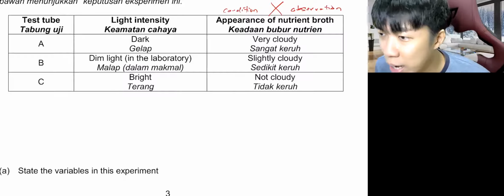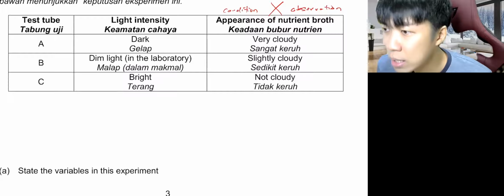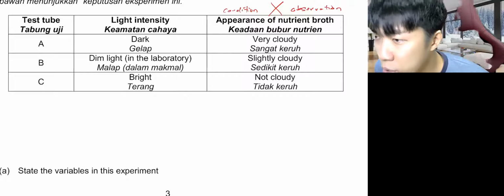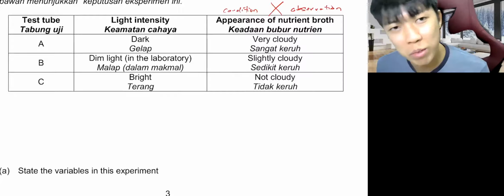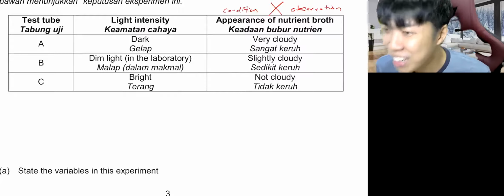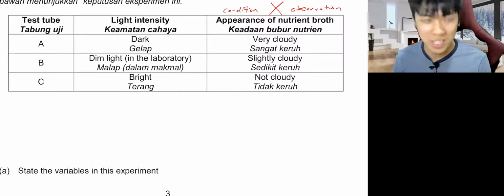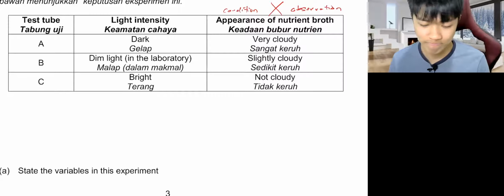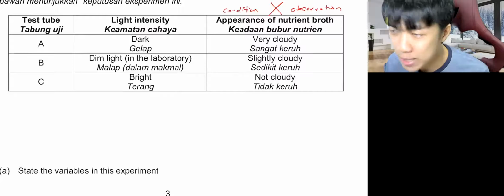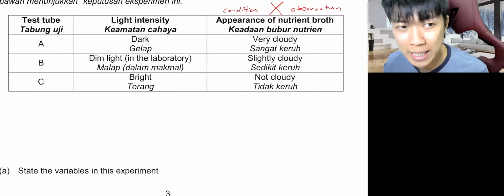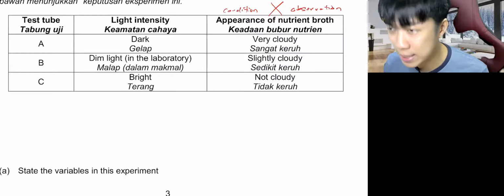Okay, Amelia. The higher the light intensity, the cloudier the nutrient broth. Okay, correction, right? The lower the light intensity, the cloudier. Wait, do we have the word cloudier actually? Okay, Ken. Since we have three things here, it's getting dark or it's getting bright, that's acceptable.